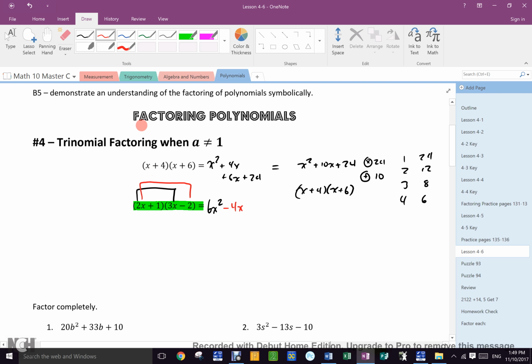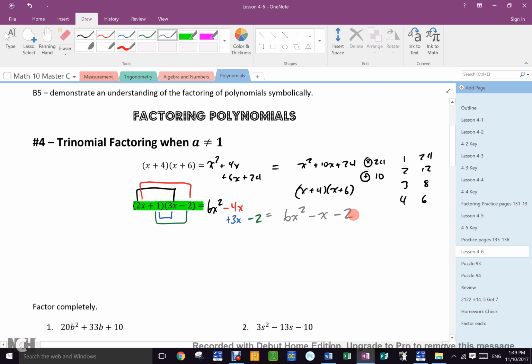What is the third one? Minus 2. Plus 3x. And what is the fourth one? And what do I then do with all of them? 6x squared. Negative 4 plus 3 is minus x minus 2, correct?